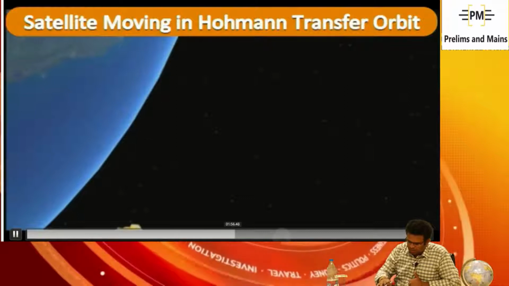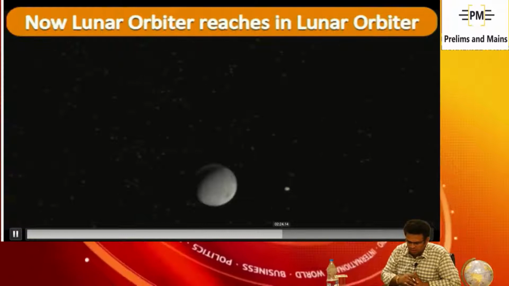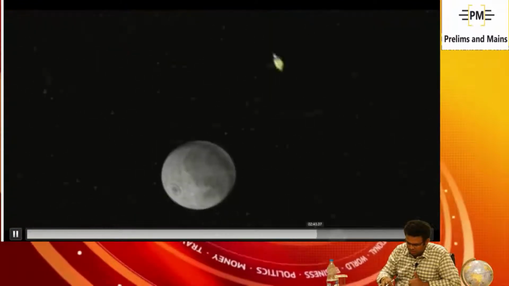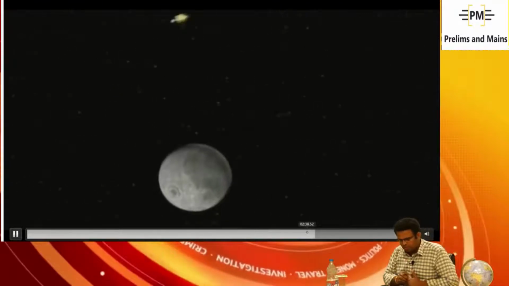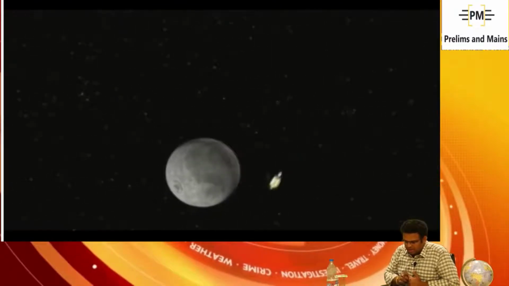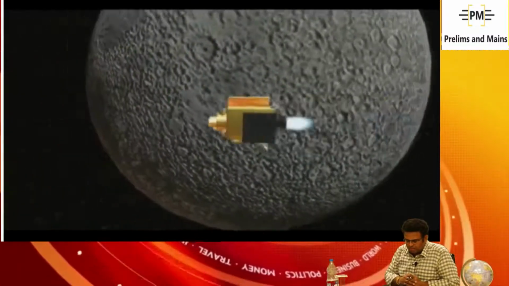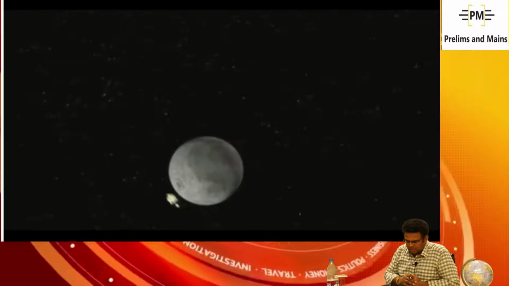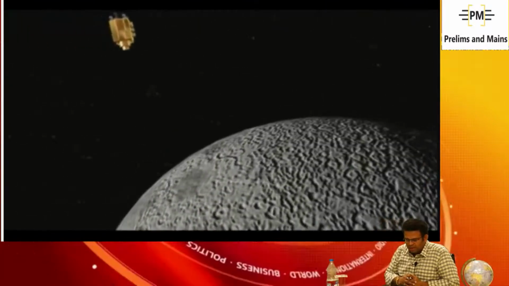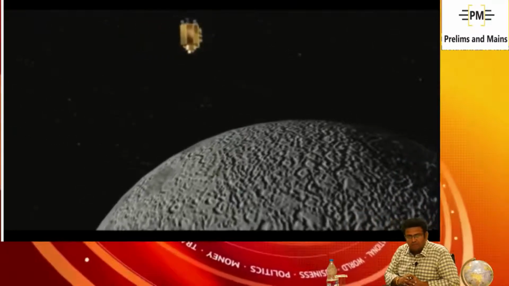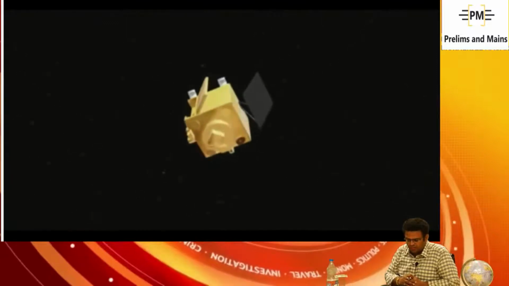When the satellite, the Chandrayaan 1, was revolving around the moon, there is one payload whose name is Moon Impact Probe, that started falling toward the moon, and they have to do a soft landing, and that is the one which unfurled the Indian flag, that you can see over here.